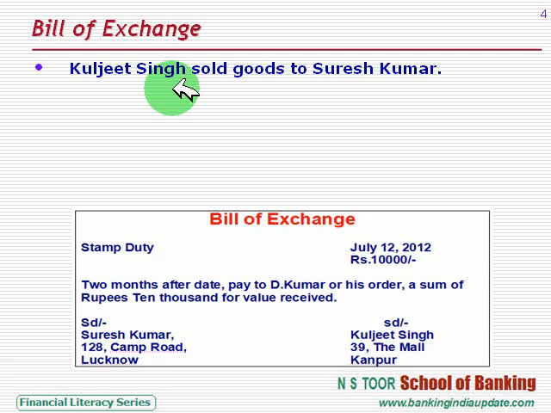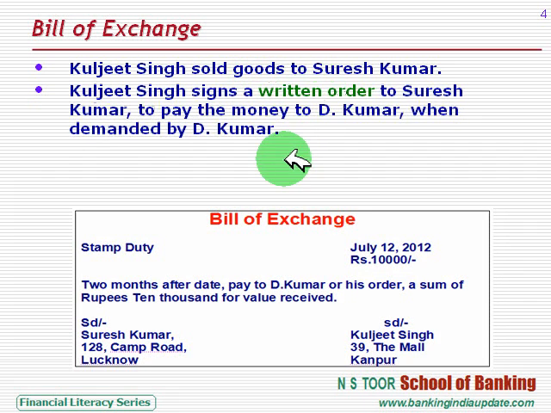Suresh is purchasing goods from Kuljit Singh, or Kuljit Singh has sold goods to Suresh Kumar. Kuljit Singh signs a written order to Suresh Kumar to pay the money to another person called D. Kumar when demanded by D. Kumar. This is a bill of exchange.